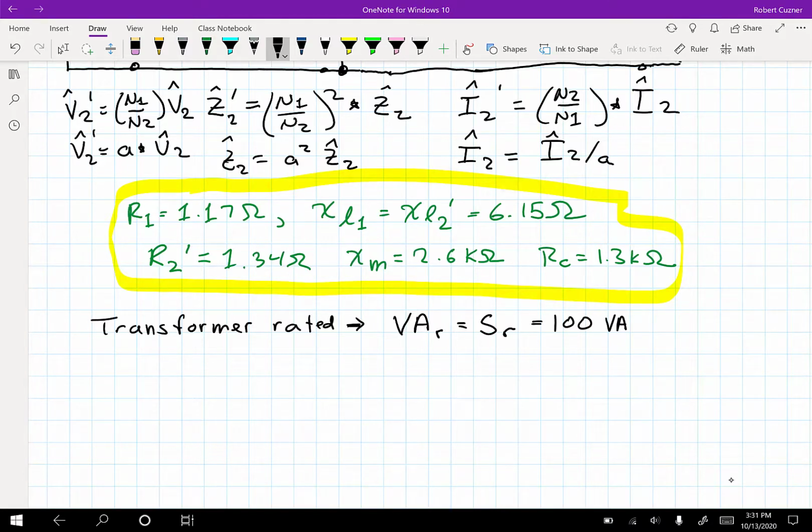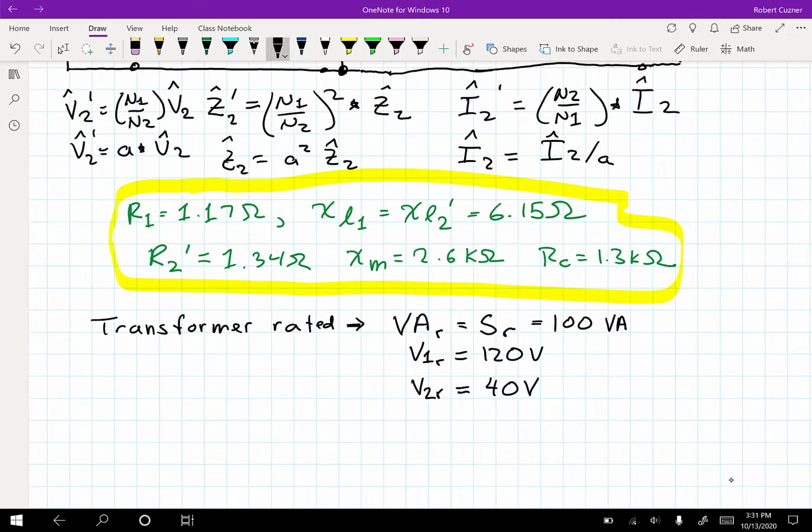The rated voltage on the primary side is 120 volts. We know that the turns ratio is 3, and so the secondary side rated voltage would be 120 divided by 3. So that would be 40 volts.